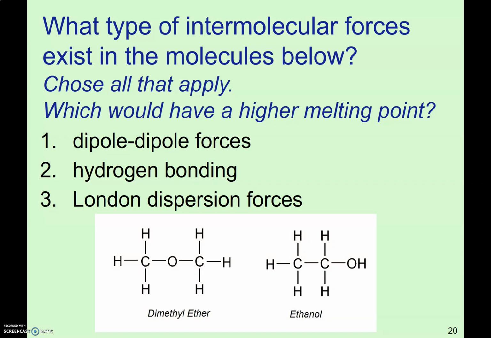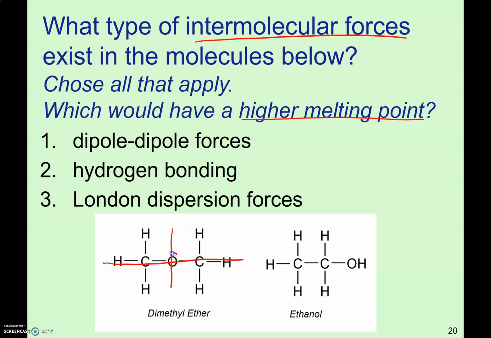So we have two molecules here, and the first thing it wants us to do is identify the intermolecular forces, and then explain which one would have the higher melting point. Looking at this molecule, it's relatively symmetrical. If you drew a line here, it's relatively symmetrical.